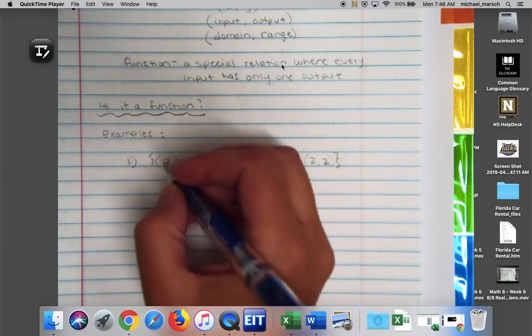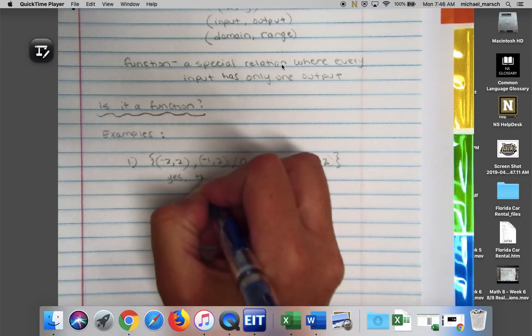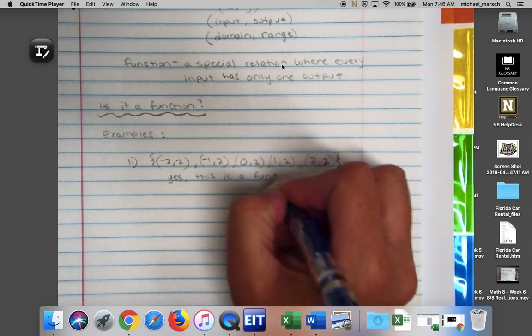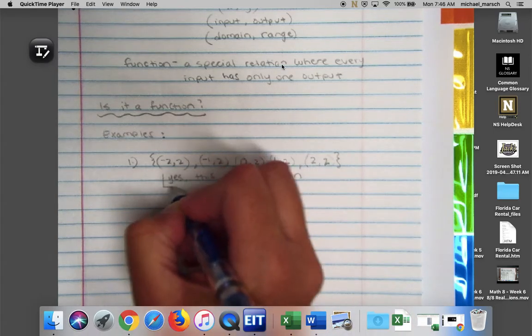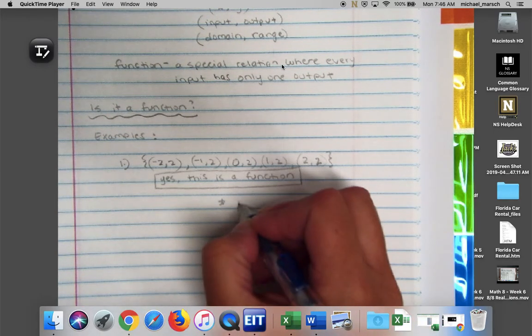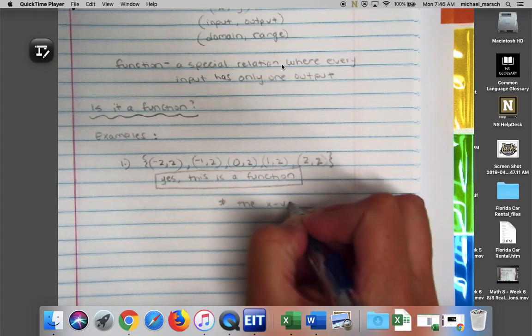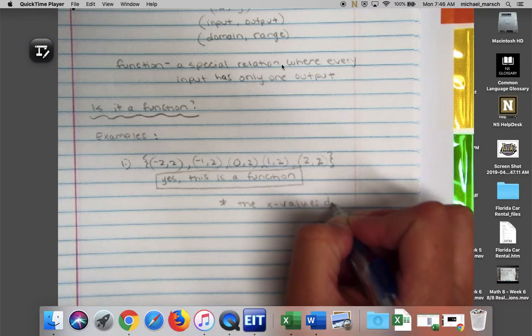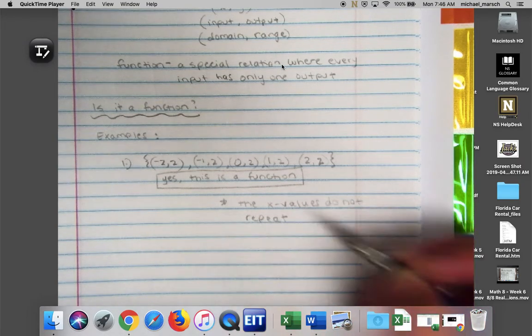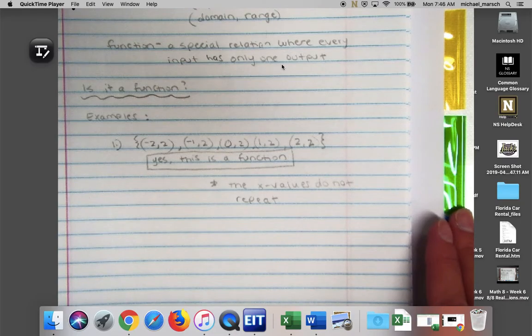Okay, so this actually is a function. And the reason that it's a function is because the x values do not repeat. And that comes back to that every input has only one output.